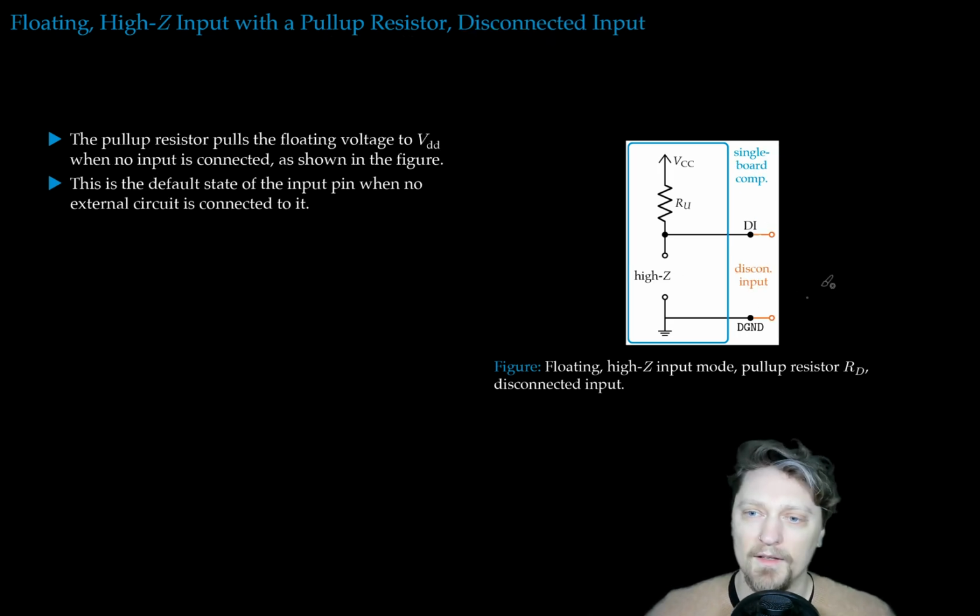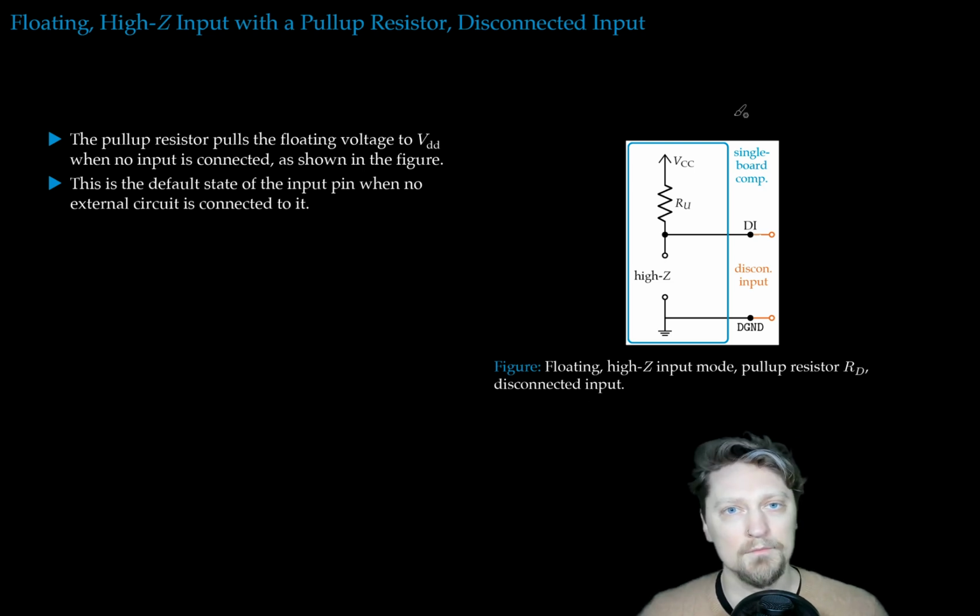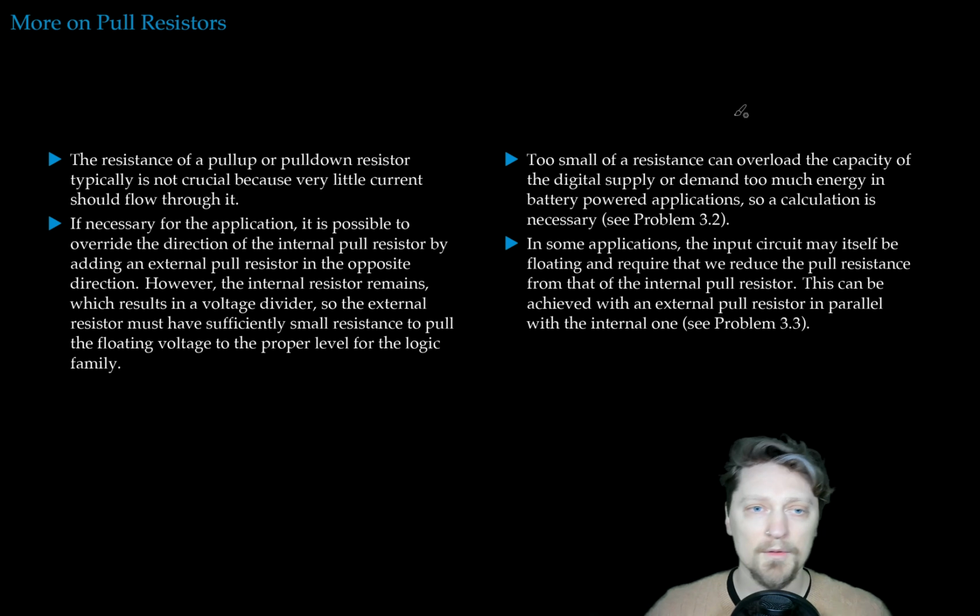However, when the input is disconnected, this digital in will float to, or will be drawn toward, the high voltage level. So the direction that the pull resistor is connected to gives the digital input a default value, either high or low.